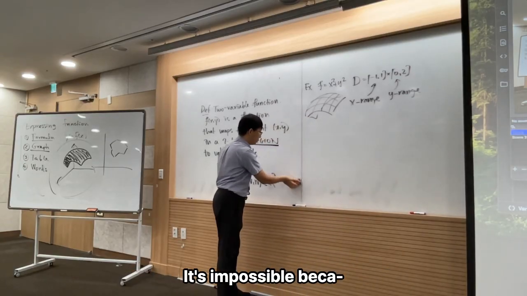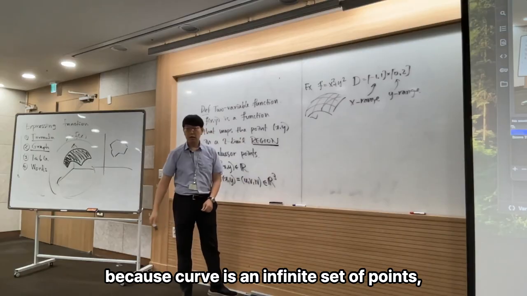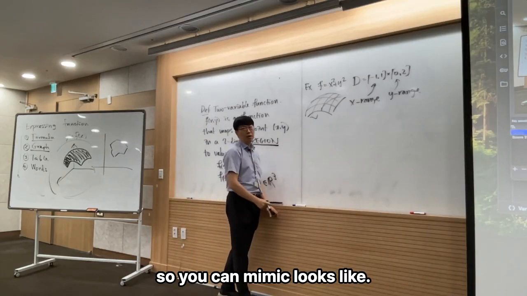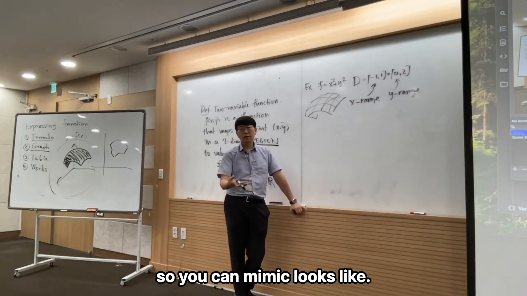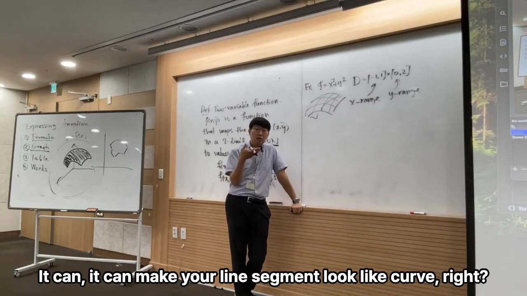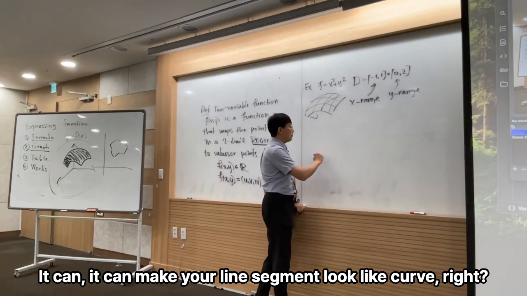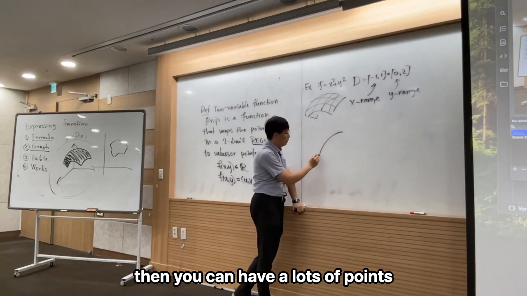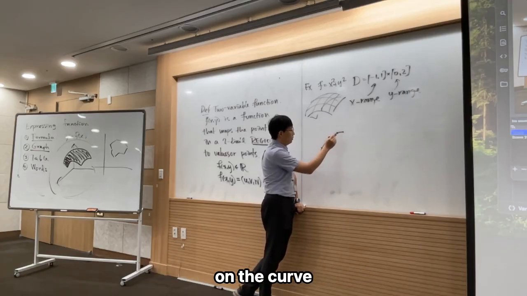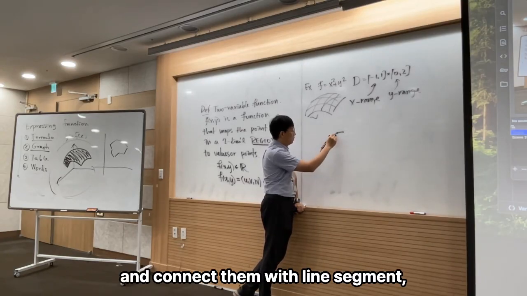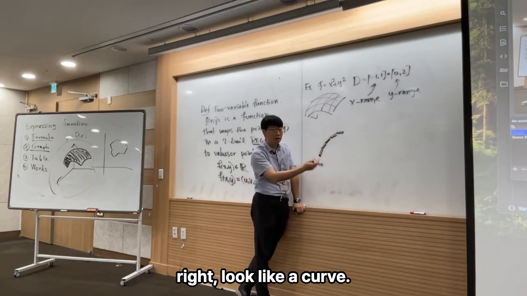It's impossible because a curve is an infinite set of points. So you can mimic it, you can make your line segments look like a curve, right? If you have a curve, then you can have lots of points on the curve and connect them with line segments, and it looks like a curve.